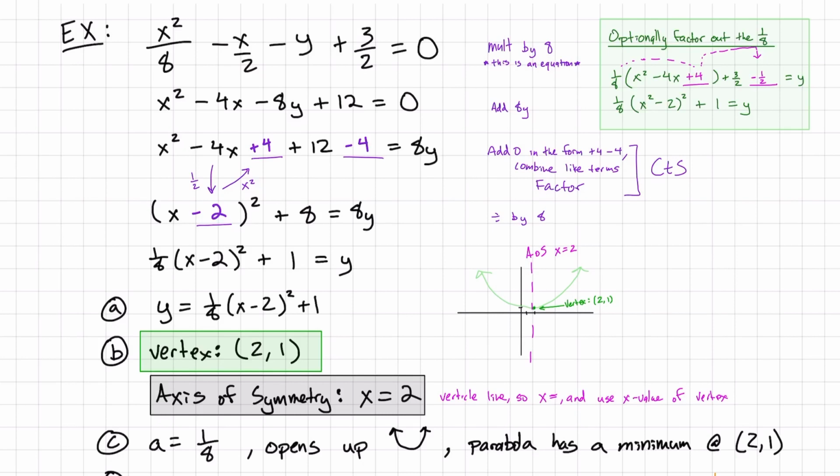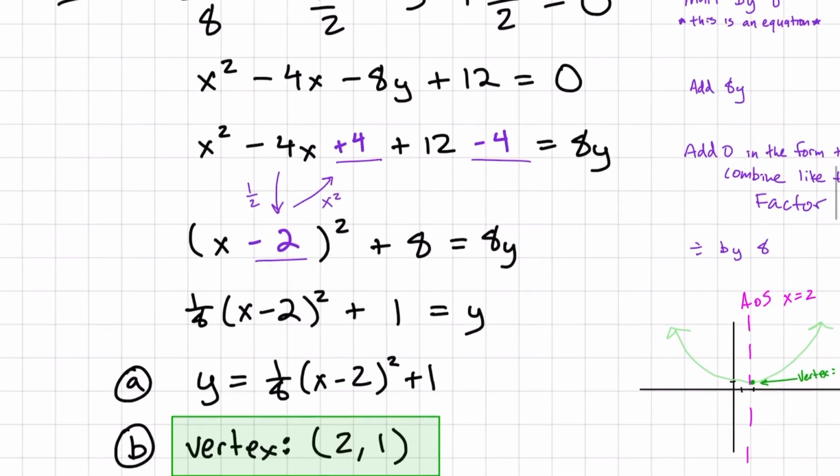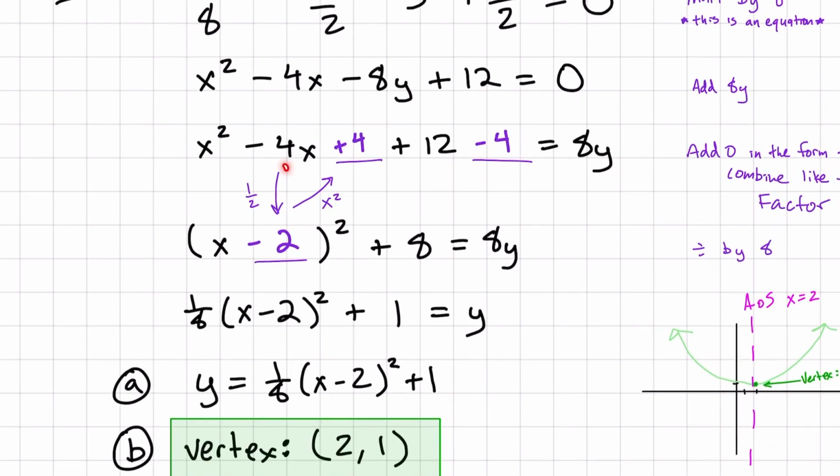All right, so we multiplied everything times 8, and now I can complete the square. Before I did that, I added 8y to the other side, because in my standard form it is y equals or x equals, so I just move this single linear term over. Then I take this minus 4, half it to get negative 2, and square it to get 4. I just added 4 to this equation, so it has to be balanced.